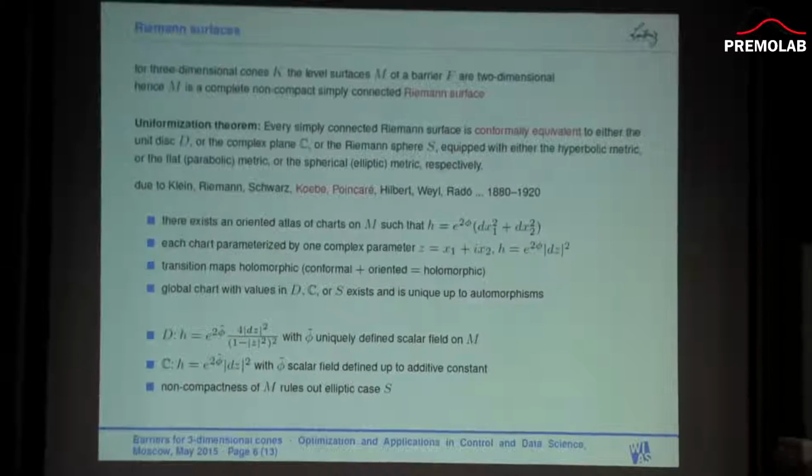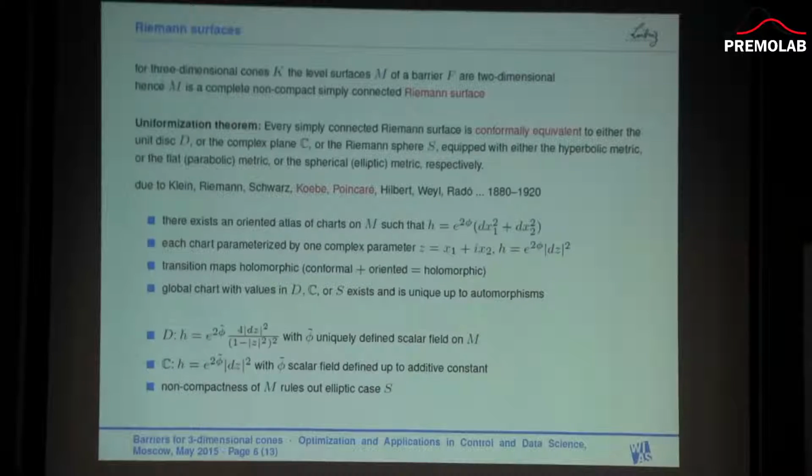This theorem has been proven for quite a while, but I guess in the form that is used today, a complete proof has been given in 1907 by Koebe and Poincaré. Okay, so this uniformization theorem, if we are given our Riemann surface equipped with the metric, says that we can choose a coordinate system such that the metric becomes proportional, at each point, to the identity matrix.